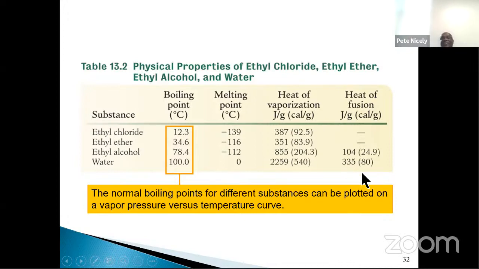As you can see here, the heat of fusion is given as 335 joules per gram, which is the same thing as 80 calories per gram. So the units that you're going to use for heat of fusion depend on whether you're going to use the metric unit of joules or the non-metric unit of calories.